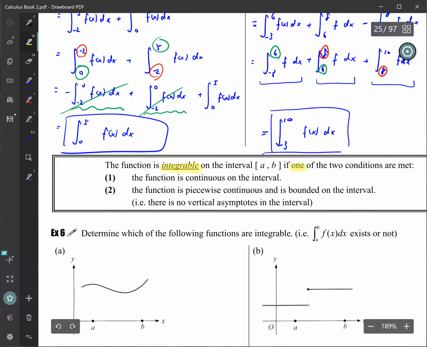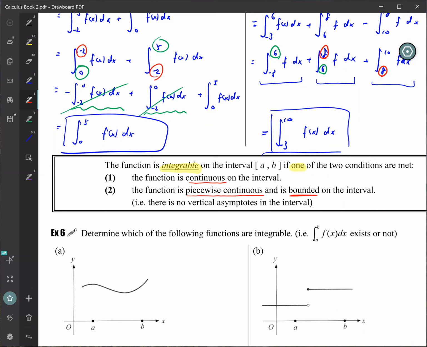So first one, if it's continuous on the interval, then it's guaranteed to be integrable, right? You are guaranteed to find the net area. Second condition is if the function is piecewise continuous and is bounded. Bounded on the interval. Oh, here it already says, right?